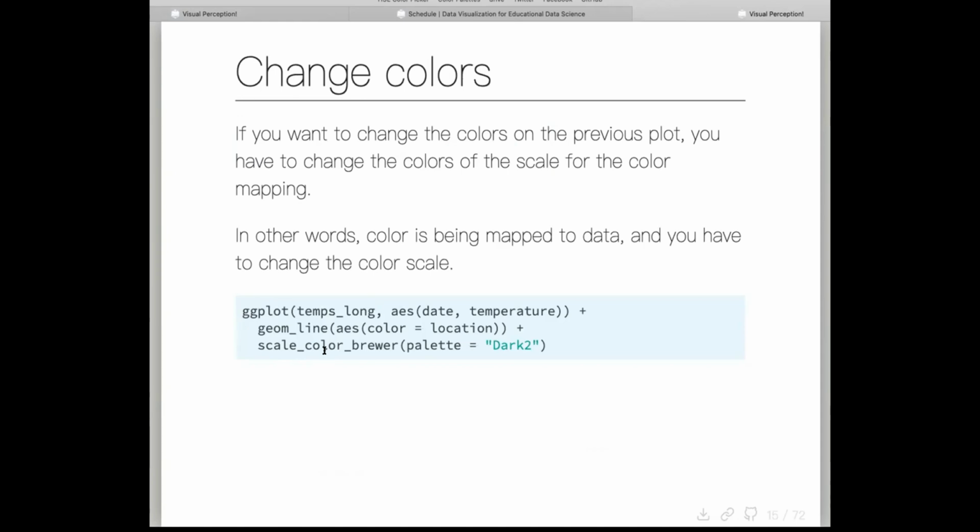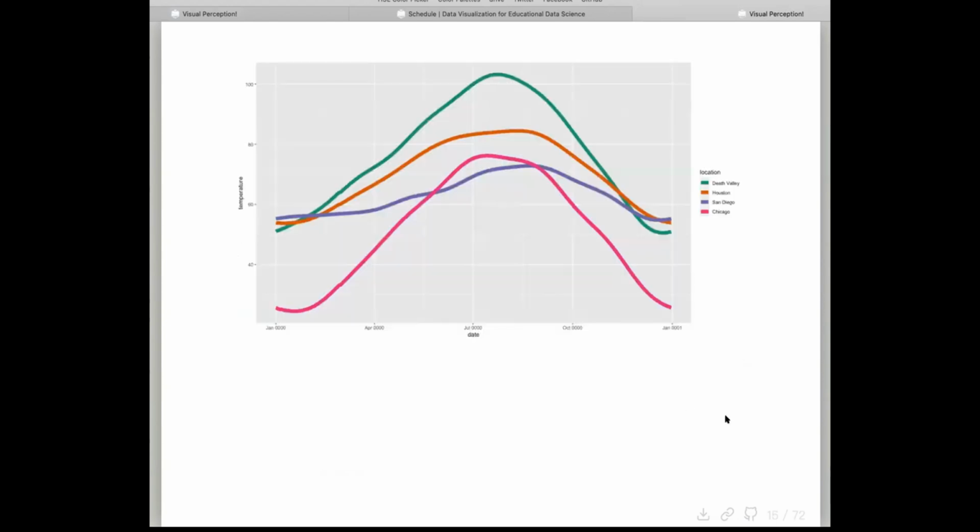Again, we'll talk about this more next week, but we have scale_color_brewer, scale_color_manual, scale_color_viridis, scale_color_continuous, all sorts of different things. Here I'm using scale_color_brewer, which is just a series of palettes, and I'm saying change the palette to Dark2, and then I get this one. So that's a way that we would change the color.